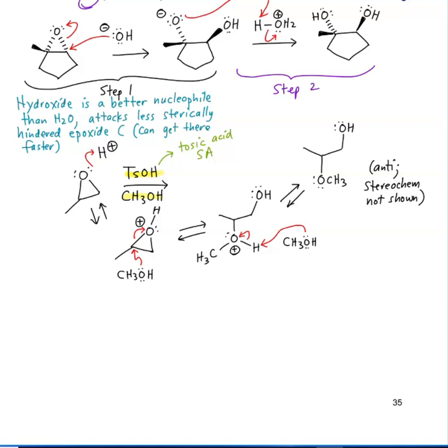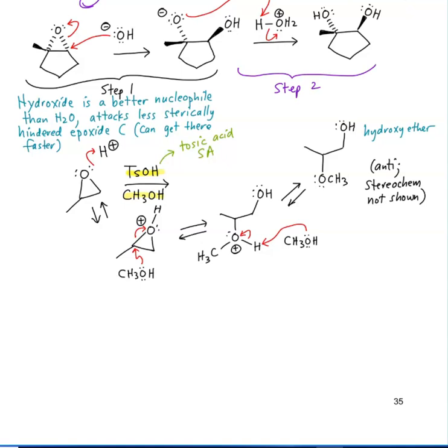We're getting something that you would call a hydroxy ether, because you have an OH group and an ether in the same molecule. Okay, so one more question about this for you to think about. What if instead we wanted this outcome?